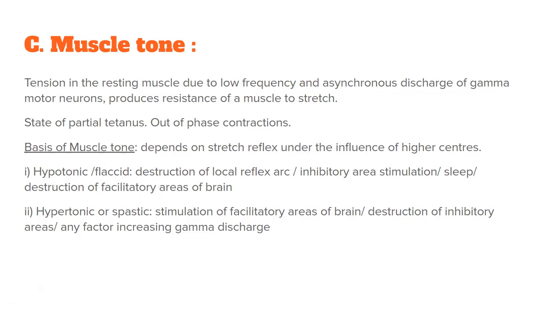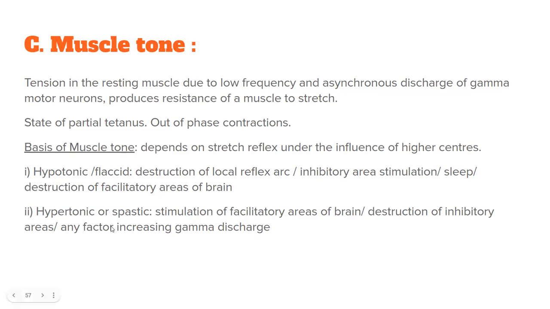Or if the centers which are responsible for stimulation, like the facilitatory area, get destroyed, it causes hypotonia. Or in sleep, there is hypotonia, and certain drugs like barbiturates can cause hypotonia. Or if the centers in the brain which are inhibitory get stimulated, that also causes hypotonia.